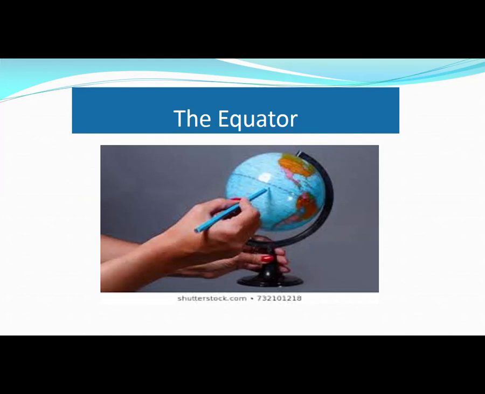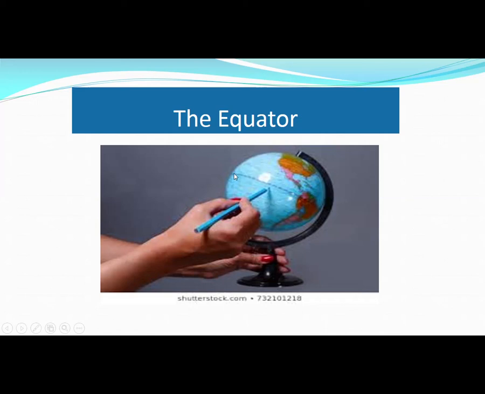To find any place, first of all we have to see how it is divided and how different places can be located on different parts of the globe. The equator. The word equator is new for you.